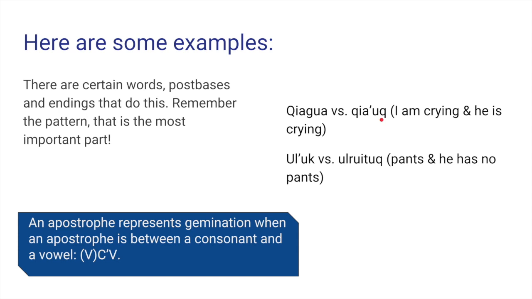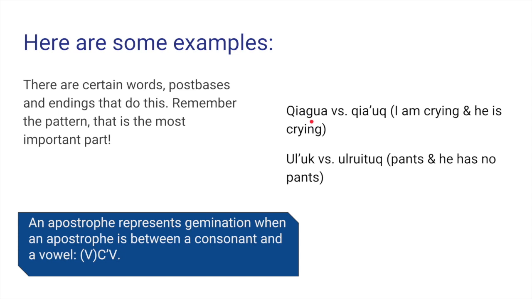There are certain words and postbases or endings that do this. What's really important here is to remember the pattern, because when you hear a word that is kind of missing this letter, you'll notice, and then you'll know how to get that letter back because you know the pattern.